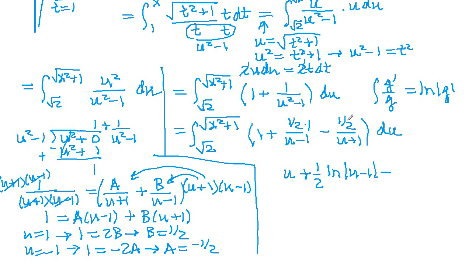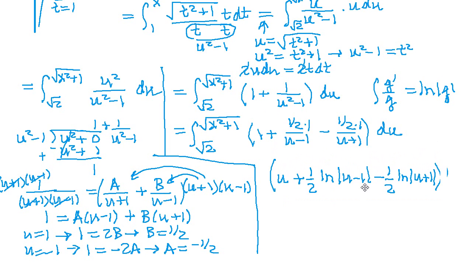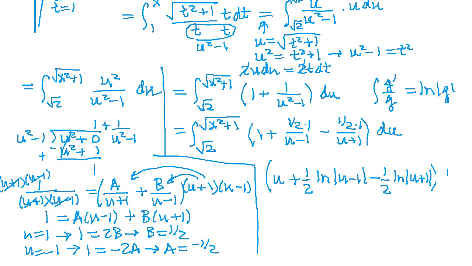And then minus, again, bring the 1/2 out in front, and then again times 1. So we get g prime over g. So ln absolute value of u plus 1. So there's our antiderivative. And we are going to evaluate that from root 2 on the bottom up to root x squared plus 1.